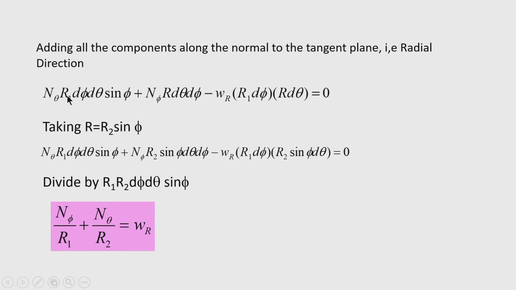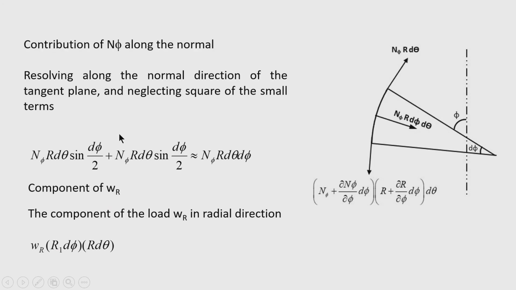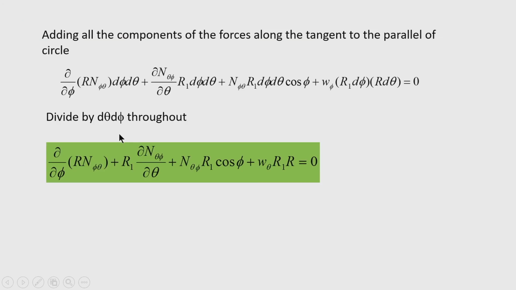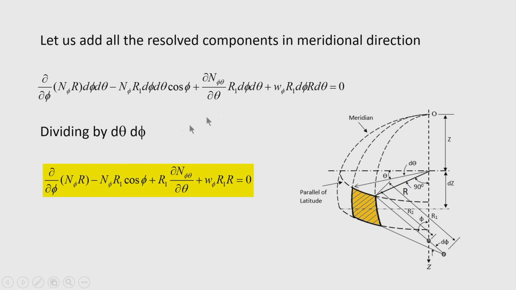So, r 1 r d phi d theta is the area of the element, and taking r equal to r 2 sin phi, that is clear here from the first diagram, that this r is nothing but, if this distance is r 2 and this angle is phi, r is equal to r 2 sin phi.